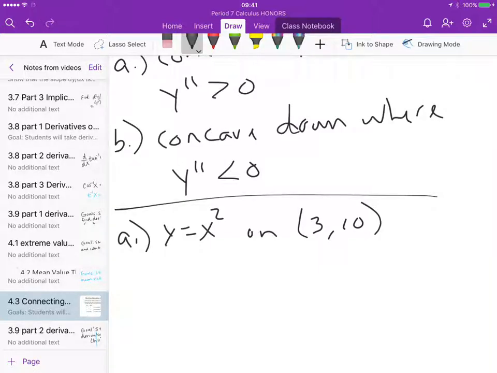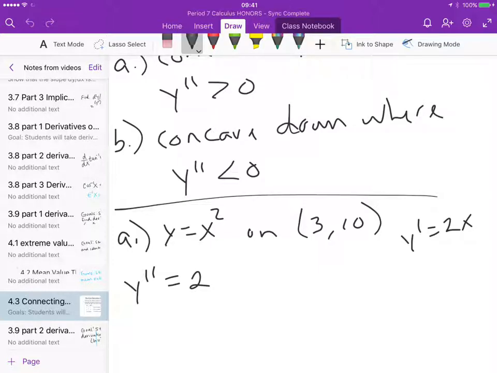Since the concavity test is all about the second derivative, let's find out what y double prime is. y prime is going to be 2x, and so y double prime is going to be 2. Let me put that over here: y prime is 2x, and y double prime equals 2.